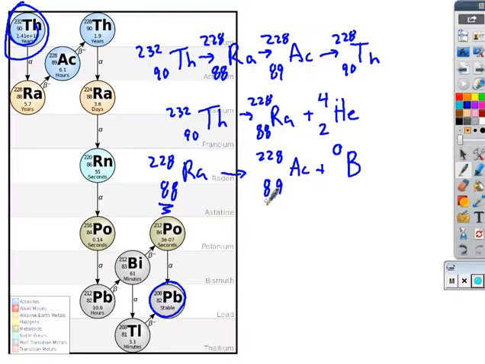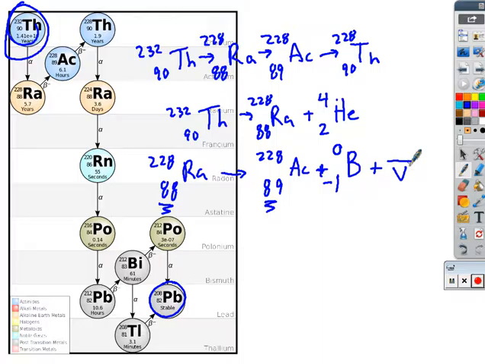At the end, I have 89. So in order for my charge to be conserved, I need an extra -1. So this has to be beta negative decay. And if that's the case, then I also need to remember to include an antineutrino. Because of conservation of energy and conservation of momentum.